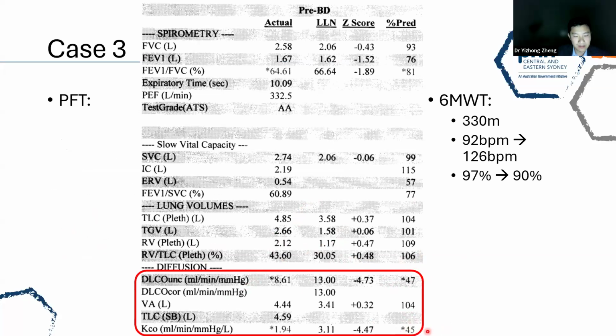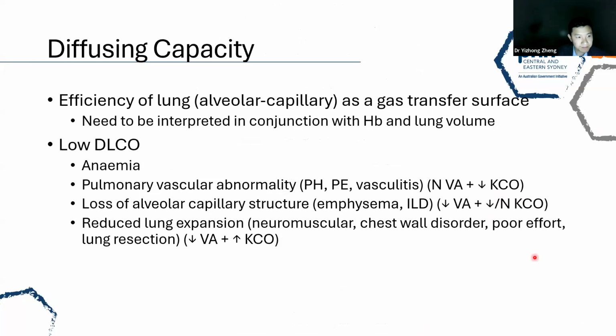The KCO is indicative of the efficiency of the alveolar to capillary interface, in terms of the ability of gas to be transferred across from the air into the blood and bound to the hemoglobin. She also had a significant exercise-associated desaturation, again suggestive of a pulmonary vascular pathology.